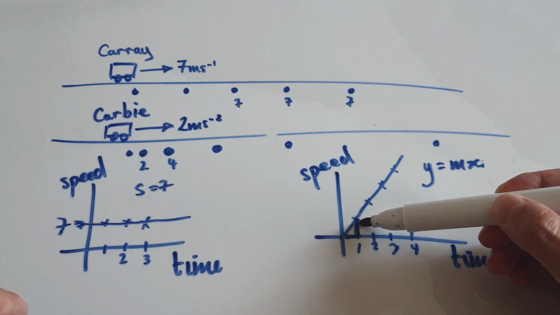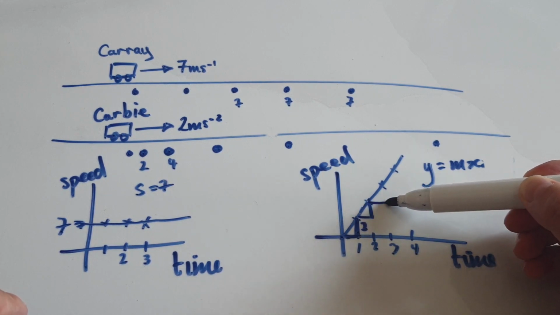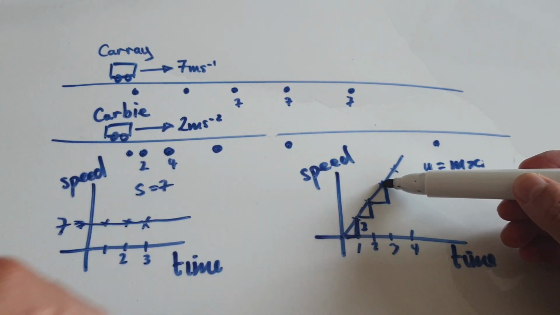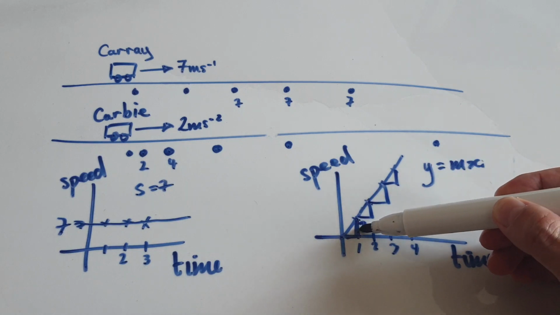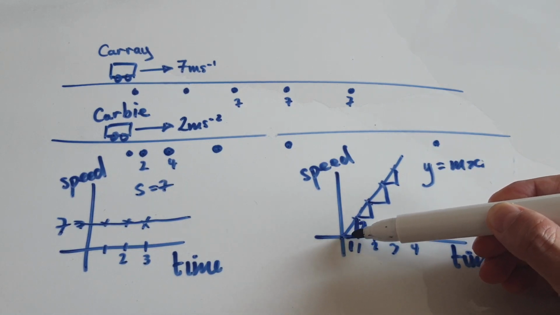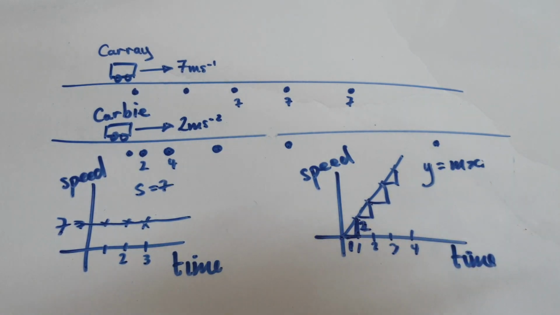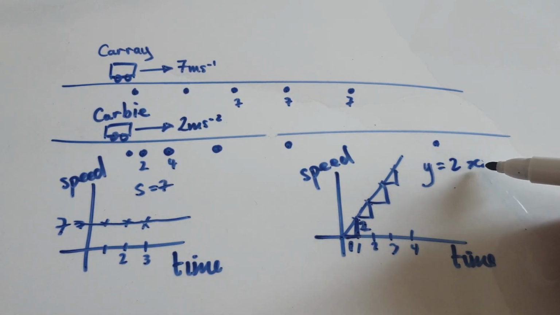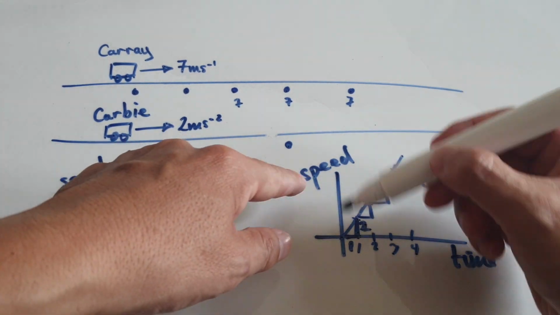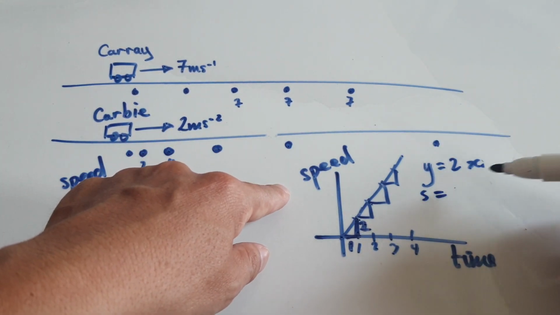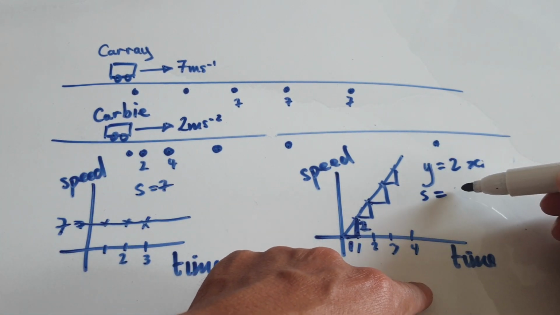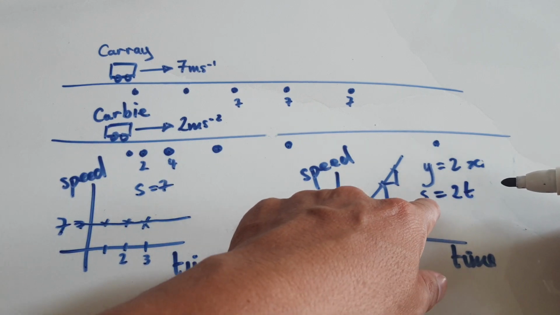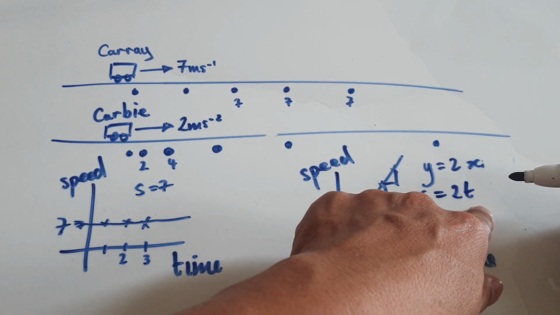Well, the height is 2 because it climbs by 2 each time. Acceleration of 2 means it's going to climb by 2. So the height will be 2, the across is 1, so the gradient is 2 over 1, which is 2. So the equation of this line is y equals 2x. When you translate it, the y-axis represents speed, and the x-axis represents time. So the equation is speed equals 2t.